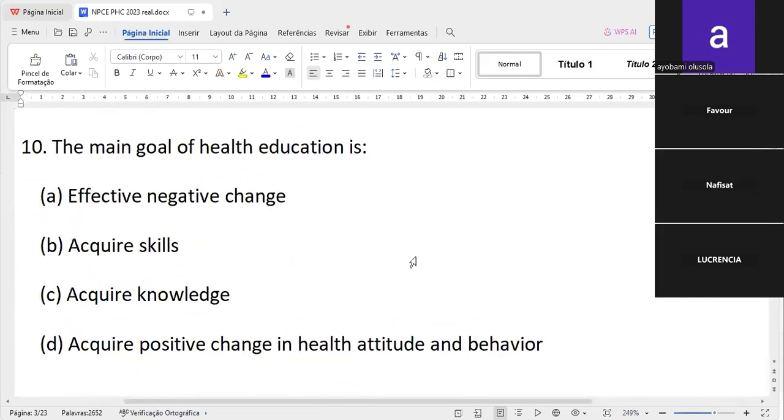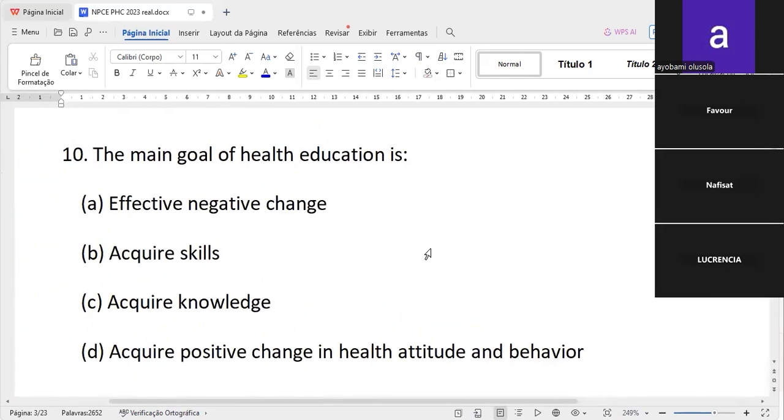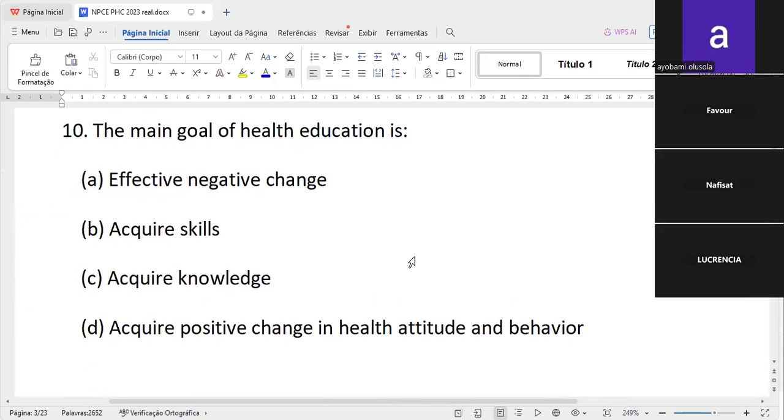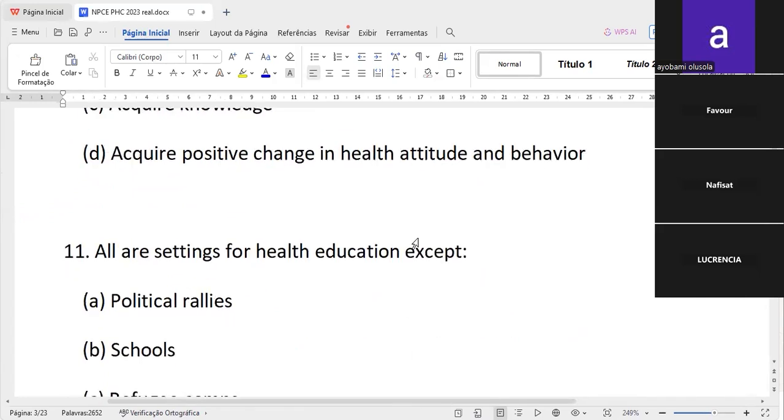The main goal of health education is to acquire positive change in health attitude and behavior. Correct, D. Question 11.